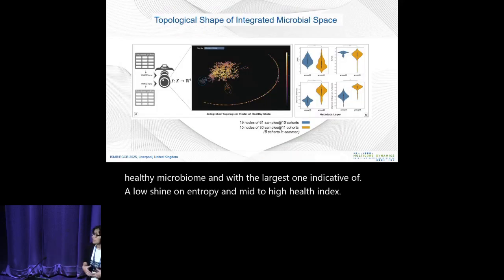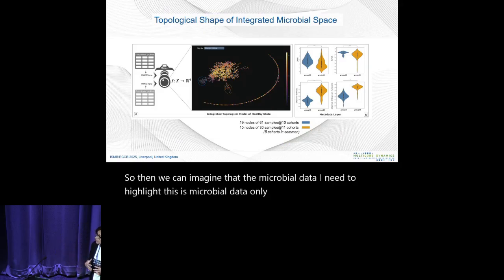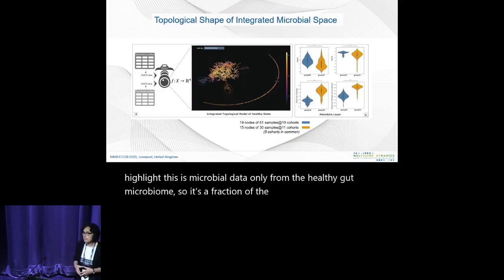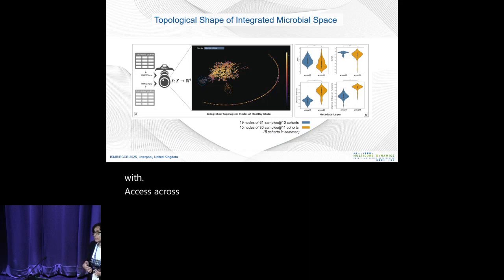Then we can imagine that the microbial data, and I need to highlight, this is microbial data only from the healthy gut microbiome, so it's a fraction of the data, are embedded in a shared topological space with axes across both taxonomic and functional features.